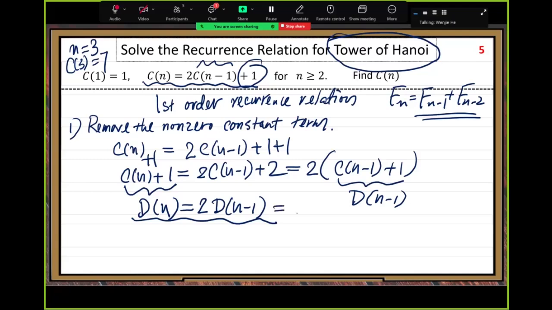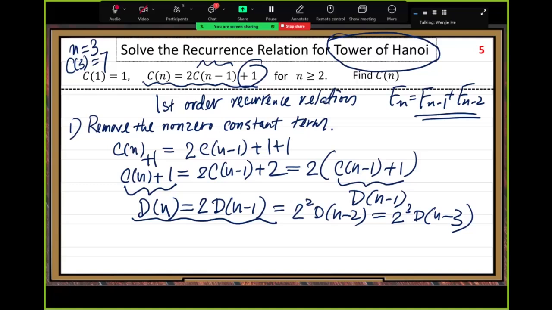Can we do recursion another time? 2 squared times d of n minus 2. Right? Can we do another time, 2 cubed times d of n minus 3? Okay. Can we keep going like this?